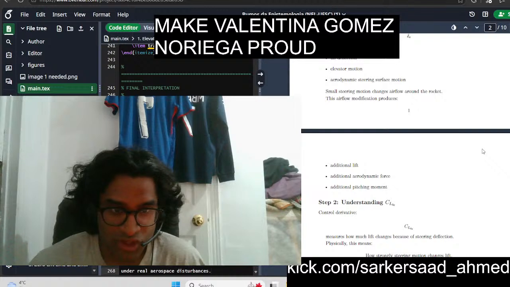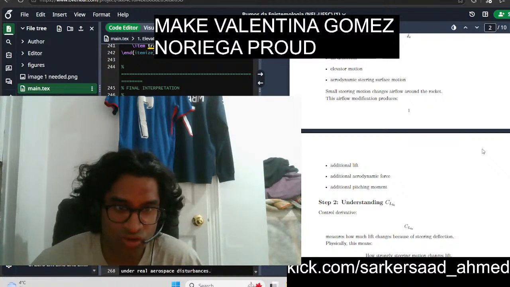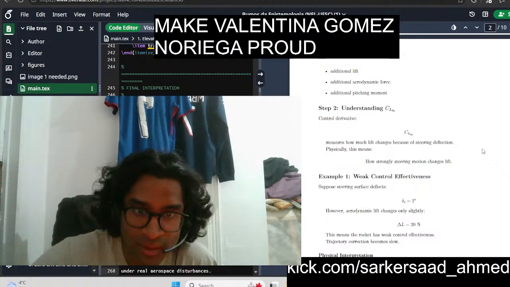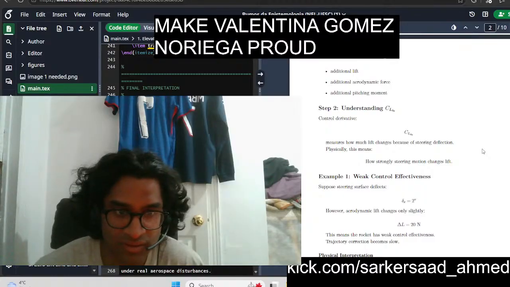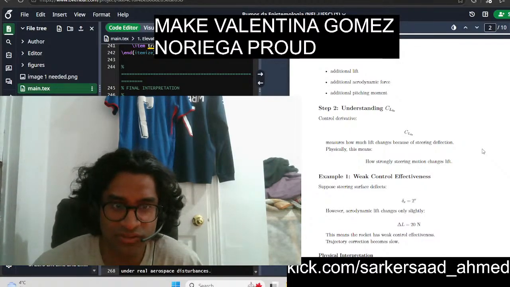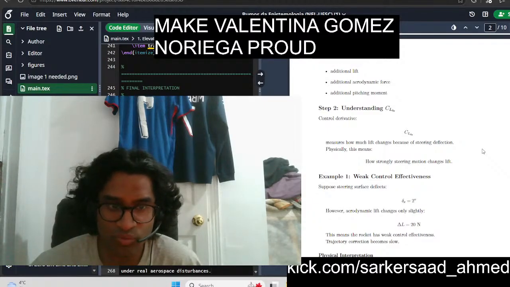And control derivative measures how much lift changes because of steering deflection. Physically, this means how strongly steering motion changes lift. We call it control effectiveness. Suppose the steering surface deflects, curl E, by 2 degrees. However, aerodynamic lift changes only slightly, so del L is 20 newtons. This means the rocket has weak control effectiveness.